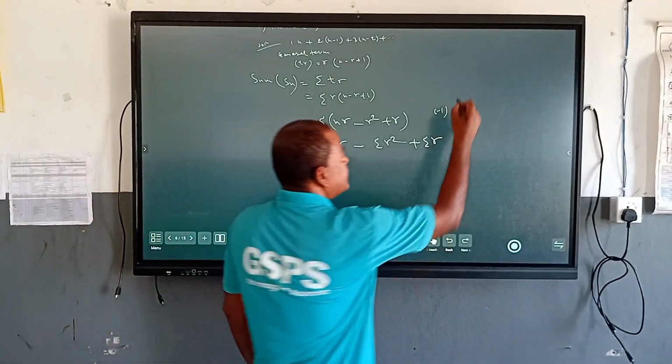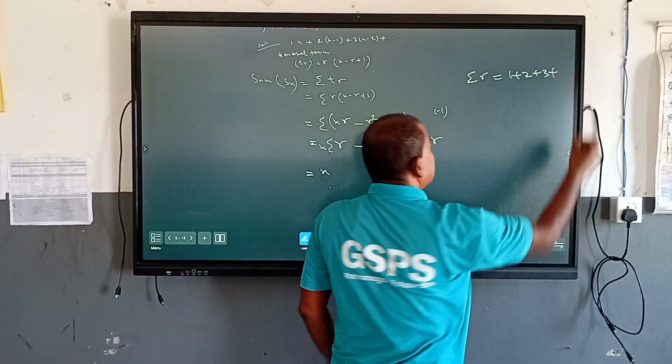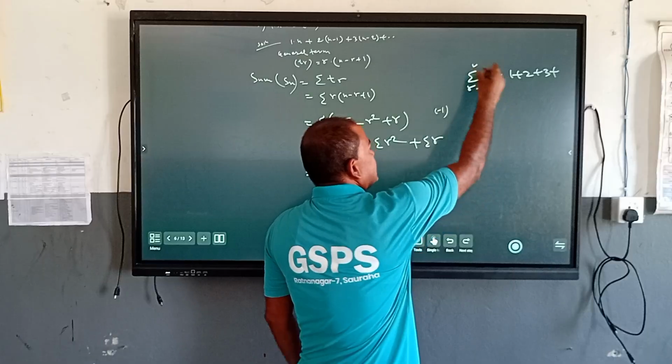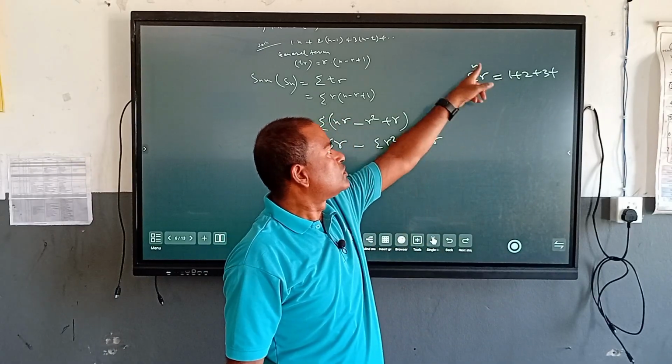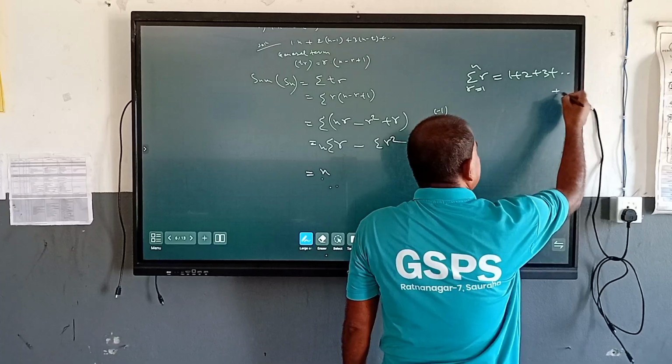Summation r means we can write as 1 plus 2 plus 3, because the value of r runs from 1 to n. So 1 plus 2 plus 3 plus dot dot dot plus n.